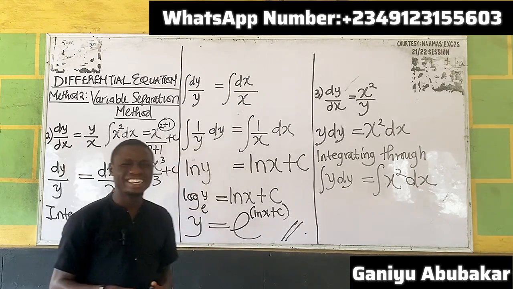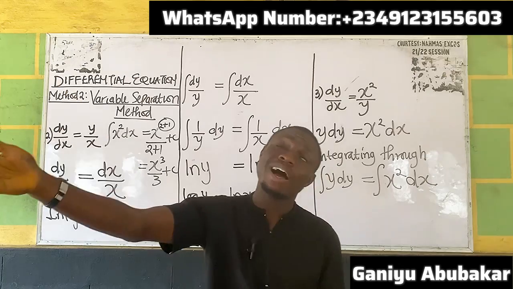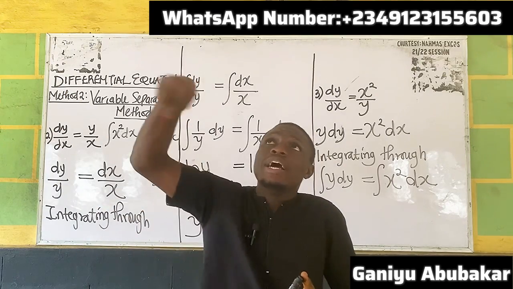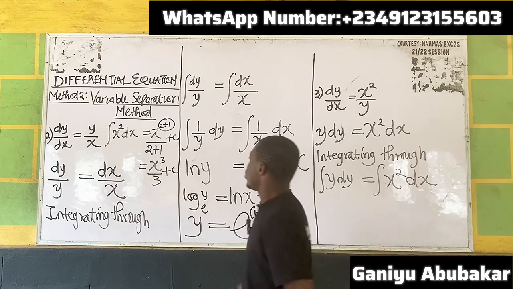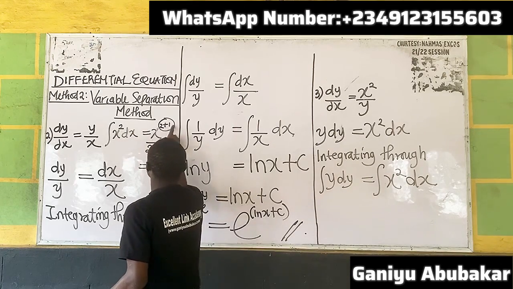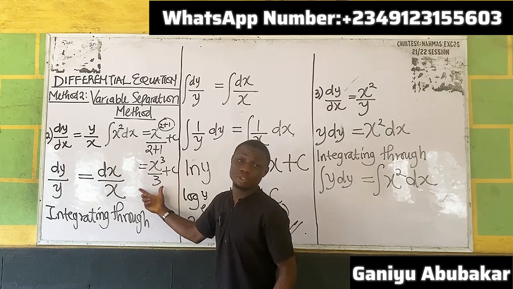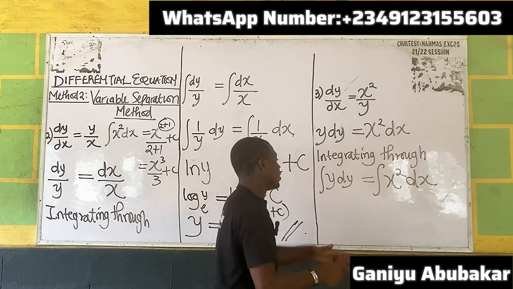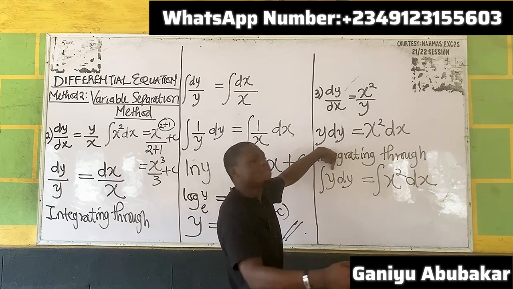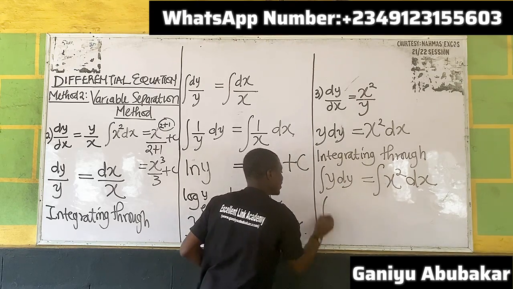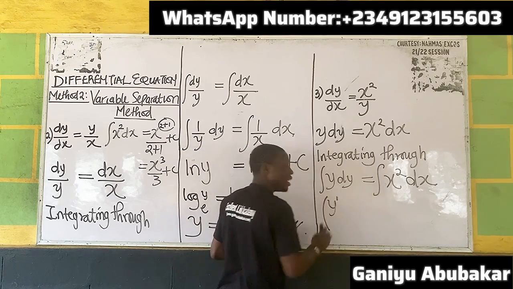For the general method, you always add 1 to the power, and whatever is in the power, repeat it down as the denominator. That's all. So x squared gives you x to the power 2 plus 1 over 2 plus 1. Apply that same thing here. If I integrate y, this y has an invisible 1 already.